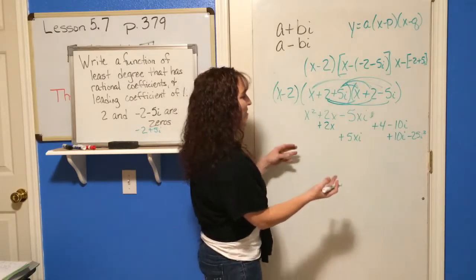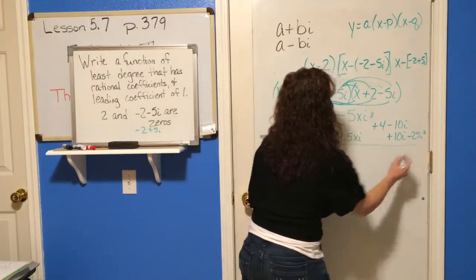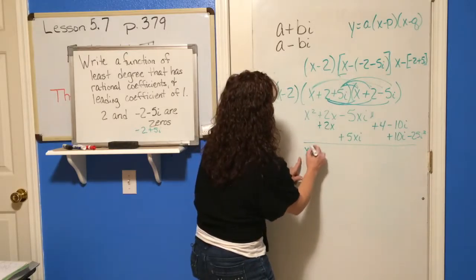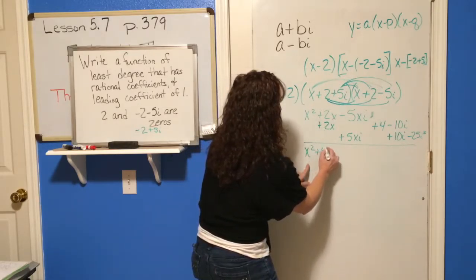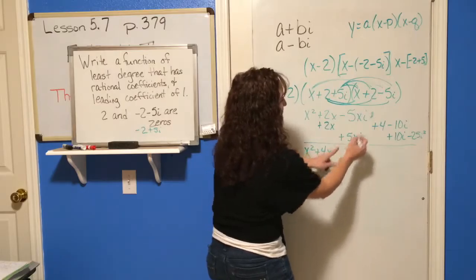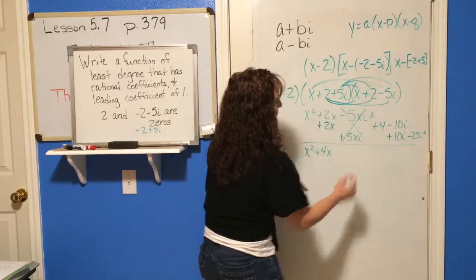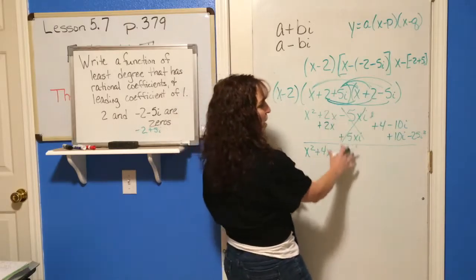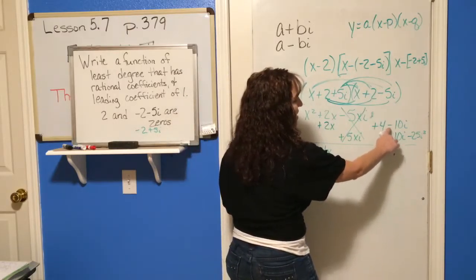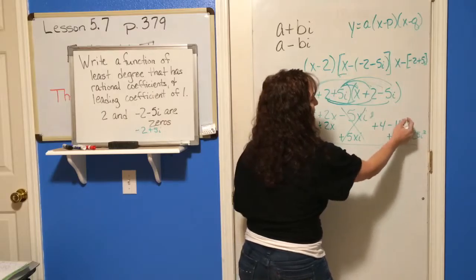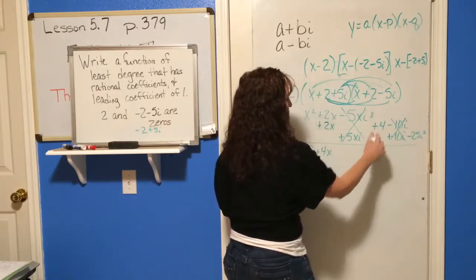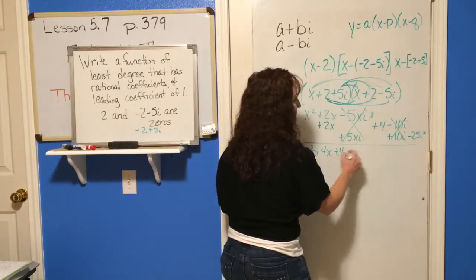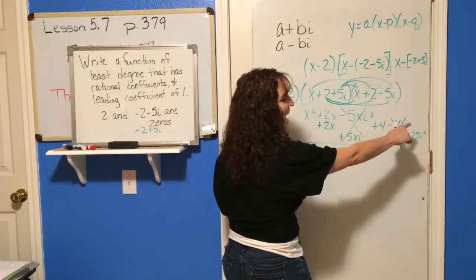Now we're going to combine the like terms. So x squared plus 4x. These two terms thankfully drop out because of the xi. We could do it if we have to, but it drops out. And also this negative and positive 10i, those drop out. So we have plus 4 minus 25i squared.